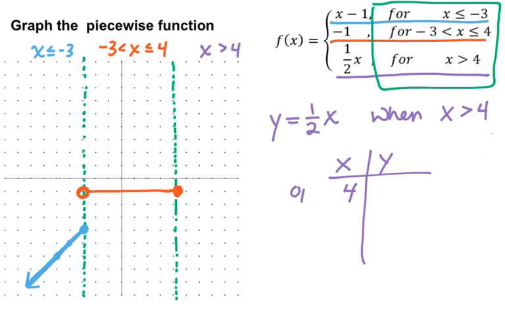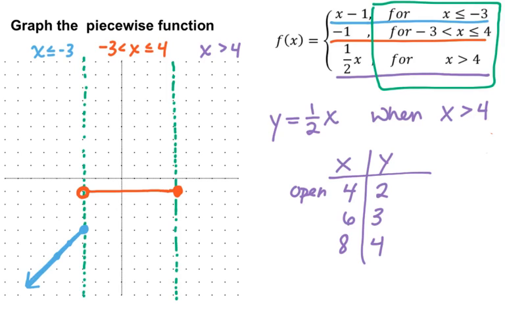The answer is no, so we know we're going to just draw this with an open dot at 4. And then I need to choose values that are larger than 4. I can choose 5, but because I have this fraction with a denominator 2, I'm going to choose even numbers, so 6 and 8. So 1/2 of 4 is 2, 1/2 of 6 is 3, and 1/2 of 8 is 4.